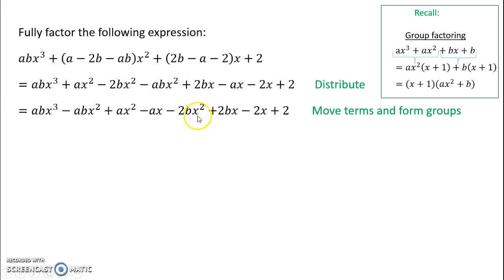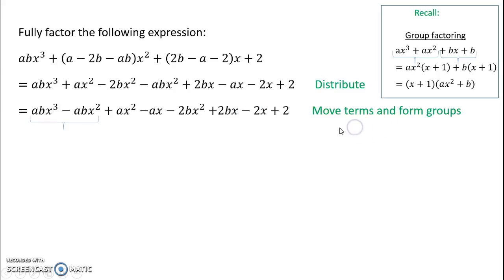And 2bx squared and 2bx have the same leading coefficient, which is 2b. Then the last one would be negative 2x plus 2, which have the same leading coefficient as well.